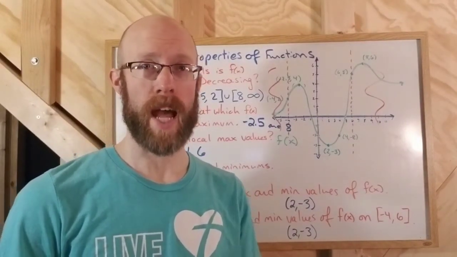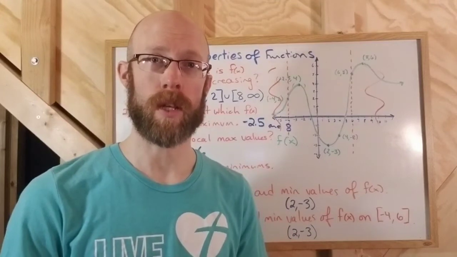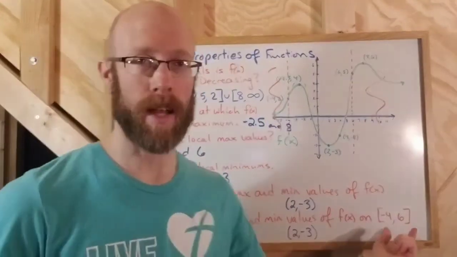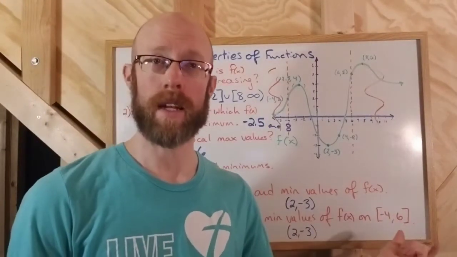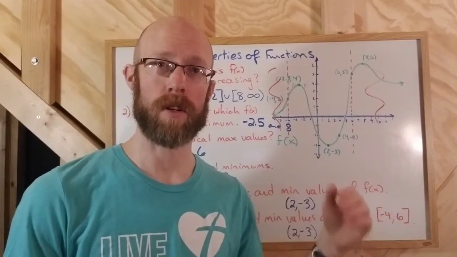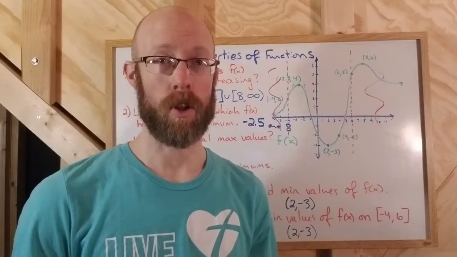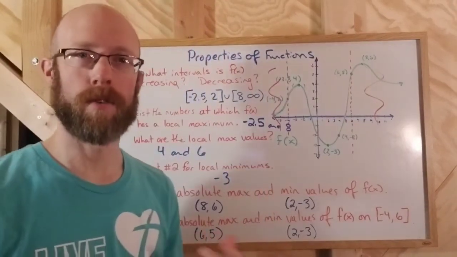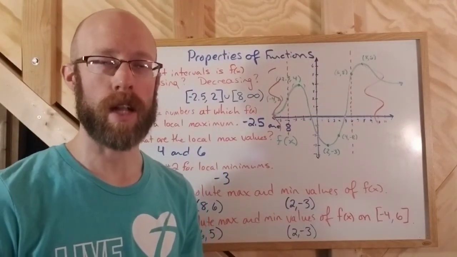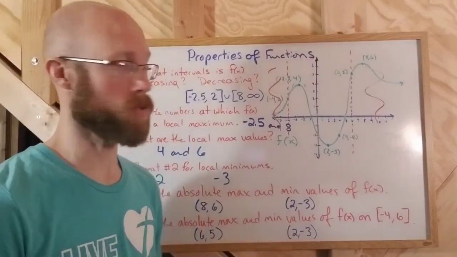Also, there might be an asymptote somewhere in that interval. If there's an asymptote in the interval where the graph shoots up indefinitely, you could also have no max or min. So there's a variety of different situations you could have on these graphs.